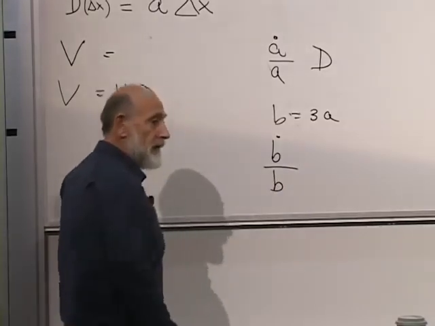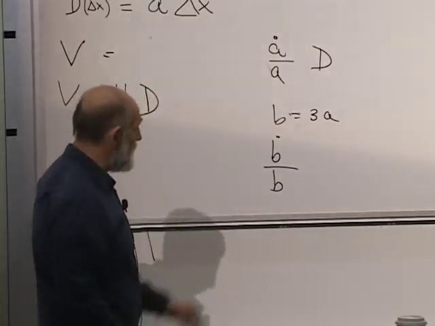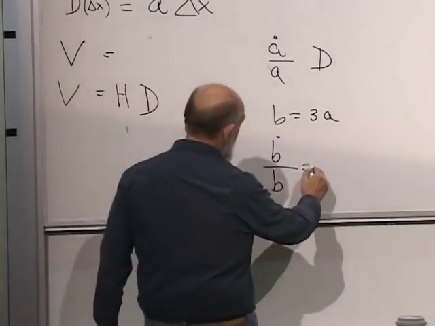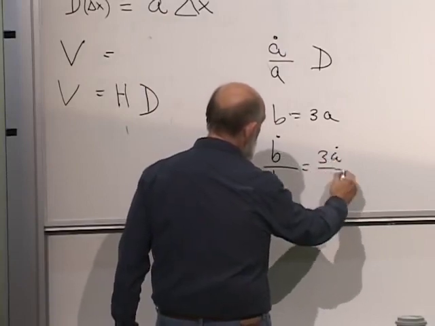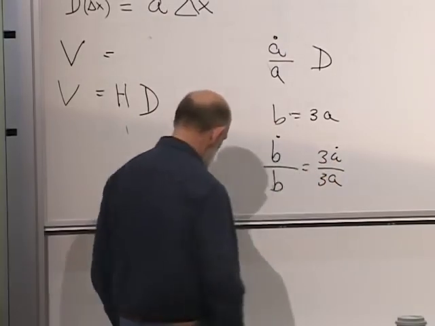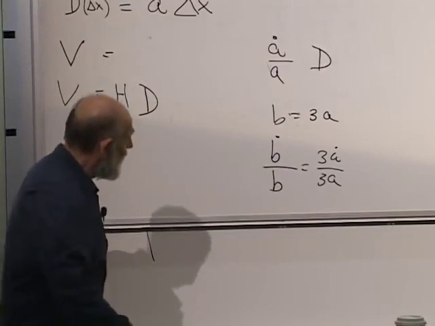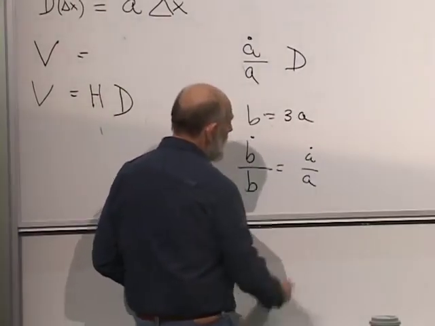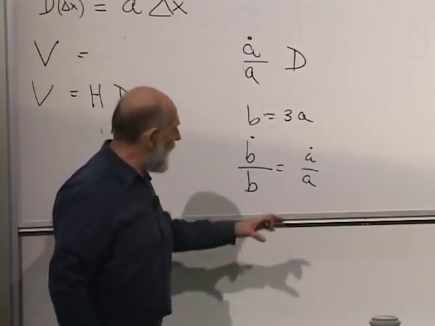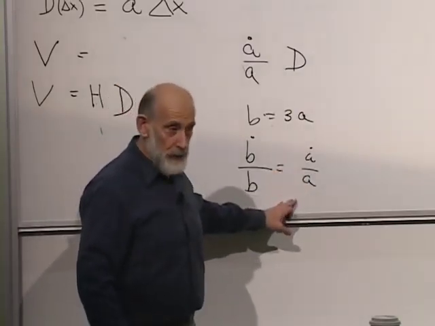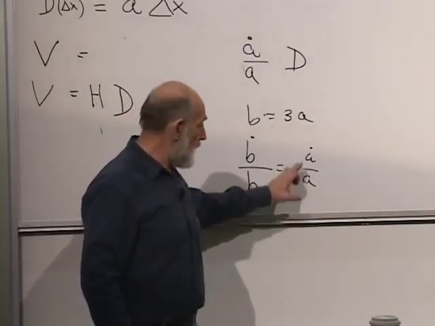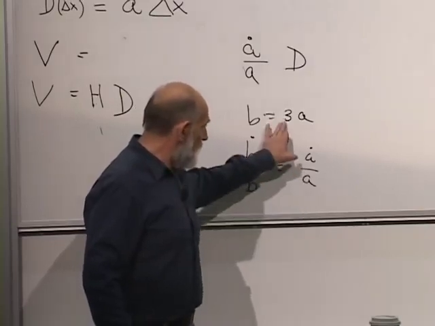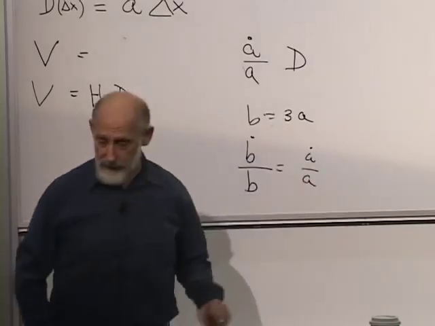You might think you get a different answer for the Hubble constant, but you don't. You get 3A dot over 3A, and the 3's cancel. So what matters really is not the scale factor itself, but how it's changing. That's the important thing, how it changes, not its overall magnitude. But we'll come back to that.